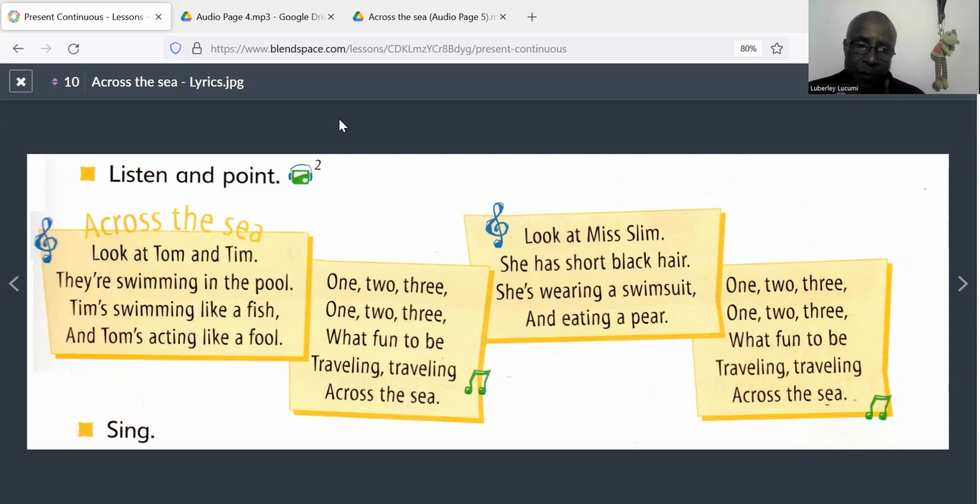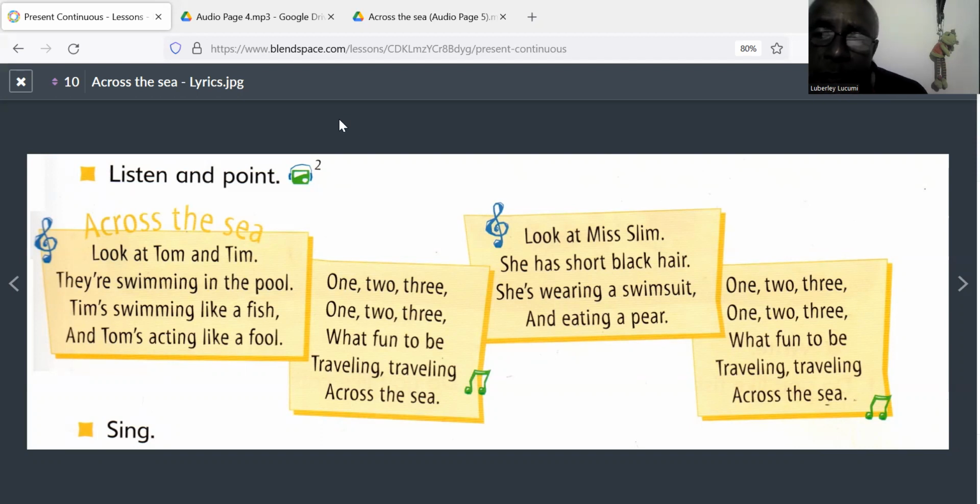Yeah, 2 actions, swimming and acting. You're right, thanks. Group number 2, please tell us the second part. Can you see action in the second part of the lyrics? Yes. Traveling. What else? More? Yeah, you're right. Traveling, thanks.